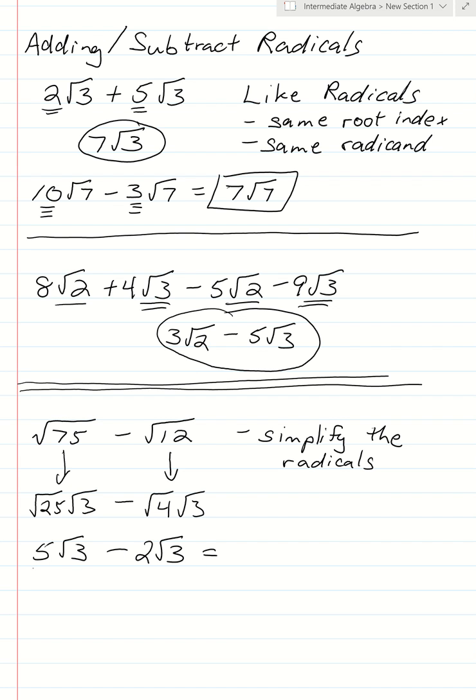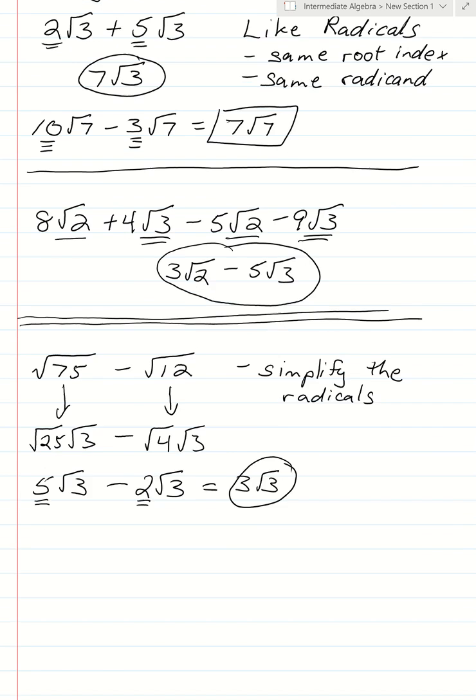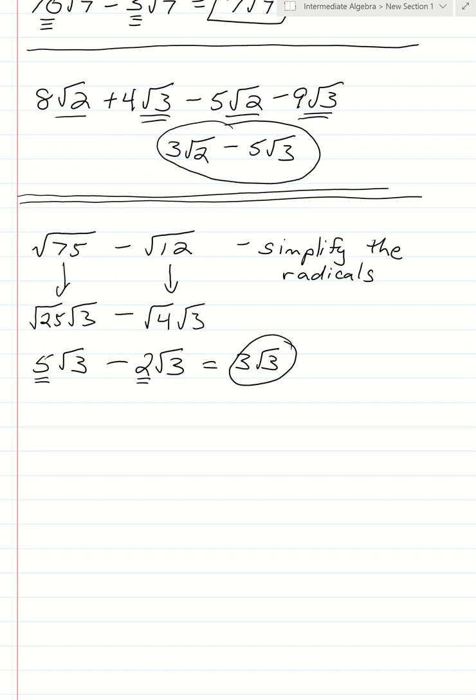We take the 5 and subtract the 2, and of course 5 minus 2 gives us a 3 square root of 3 as your final answer there. So if you are initially given two radicals that are not like radicals, first we have to see if we can simplify the radicals, and maybe we can form like radicals as we did here.